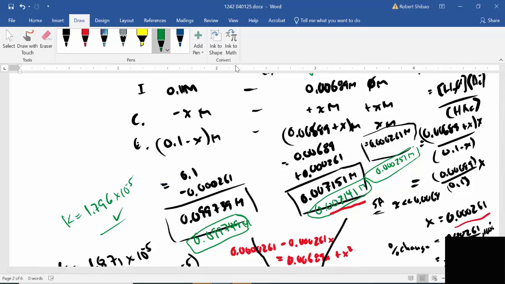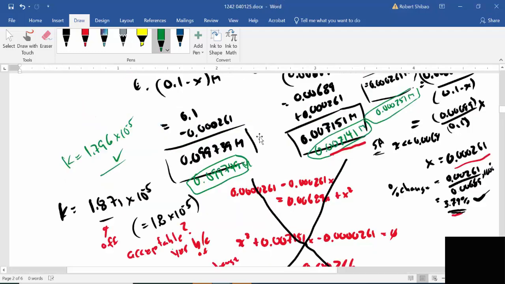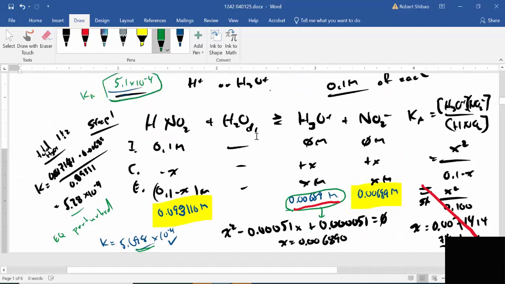What would that percent change be? 715 minus 689 divided by 689 is a 3.77% difference, percent error. So this is a 3.7% error, or roughly a 4% error, versus what it was before.